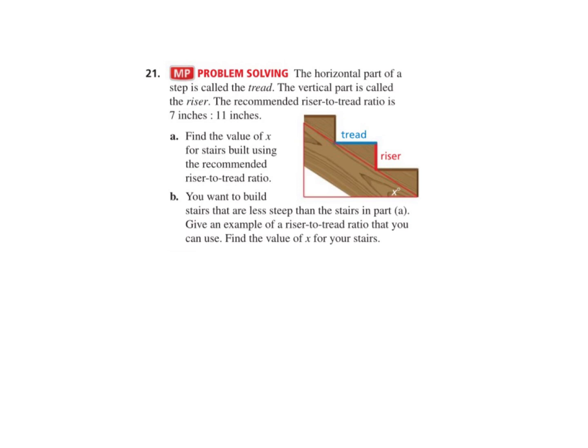The horizontal part of a step is called the tread. The vertical part is called the riser. The recommended riser to tread ratio is 7 to 11. All right, 7 being the riser and 11 being the tread. Find the value of x for stairs built using the recommended riser to tread ratio.